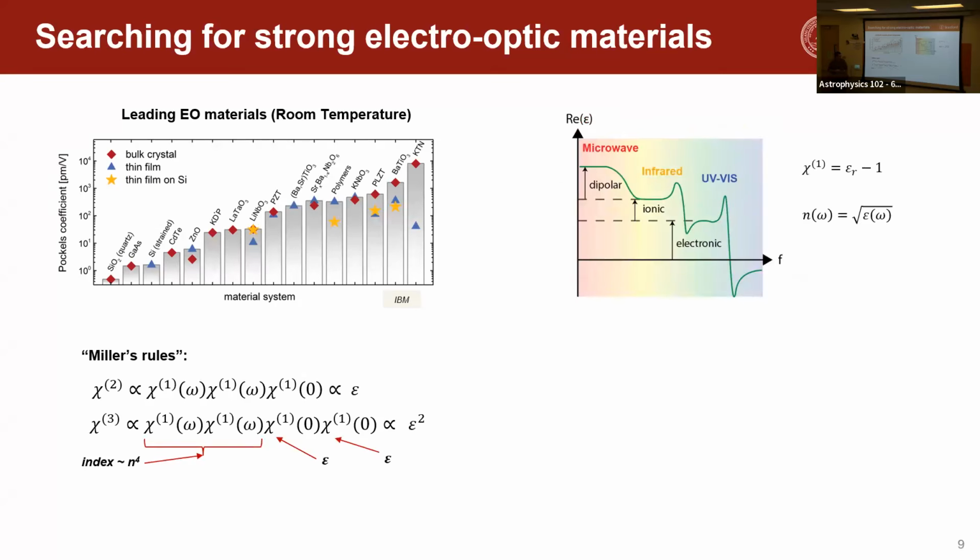So we see that the strength of these Chi2 and Chi3 are going to be proportional to your dielectric constant and your dielectric constant squared for the linear and quadratic electro-optic coefficients, respectively.